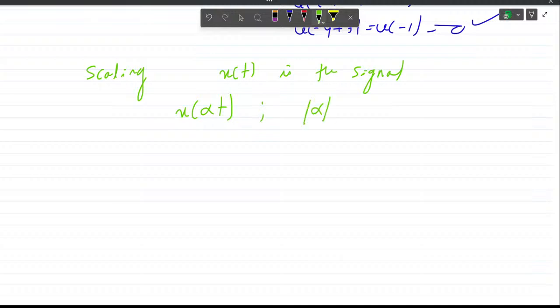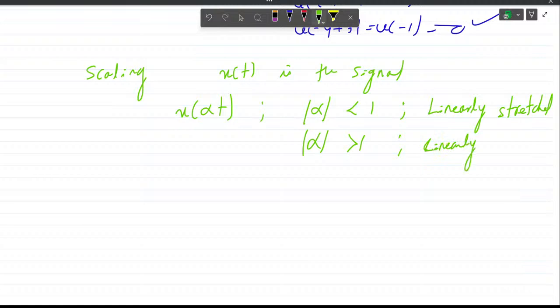For magnitude of alpha less than 1, it is called linearly stretched. For magnitude of alpha greater than 1, it is linearly compressed.